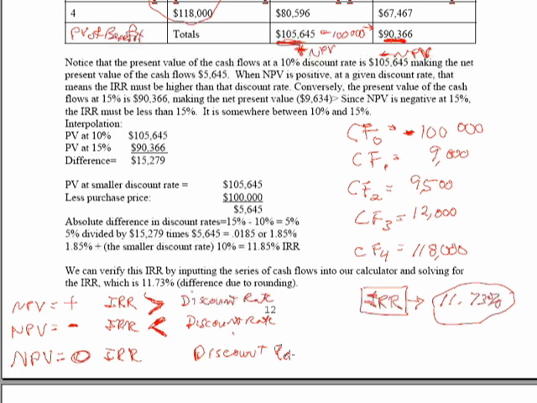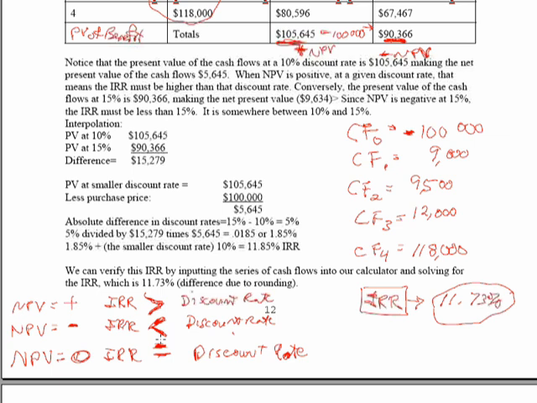I'm hoping no one gets this wrong. Greater than, less than? No, right? It's equal. You found the discount rate that is the internal rate of return when NPV is exactly 0. So you found the IRR.